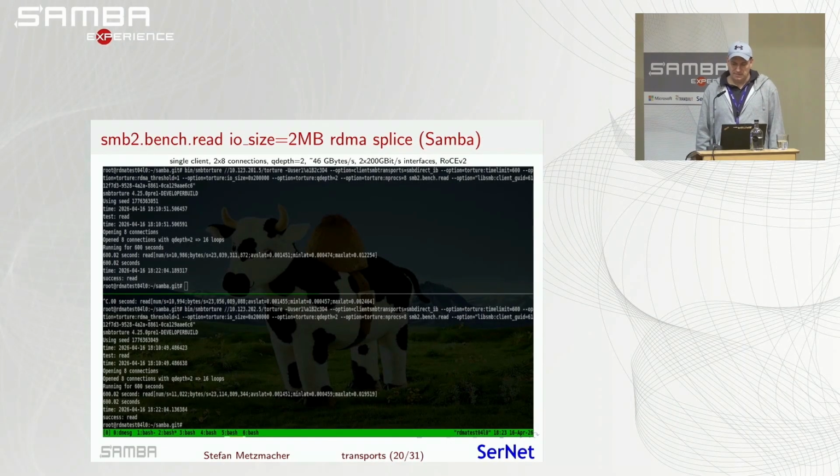And this shows from Samba we are basically getting the same performance using the splice from the file system and then from the pipe directly to the RDMA write offload.